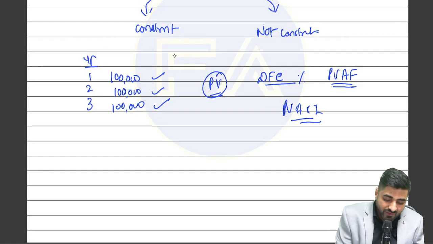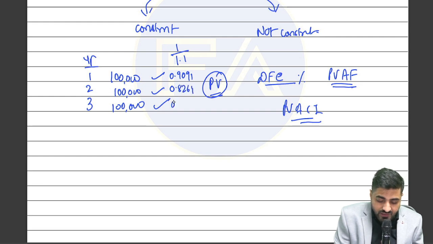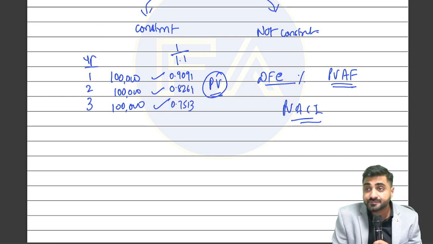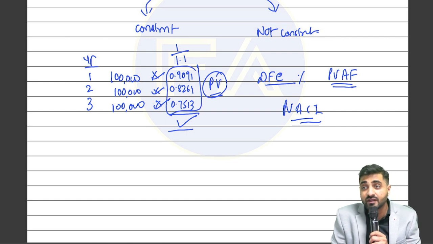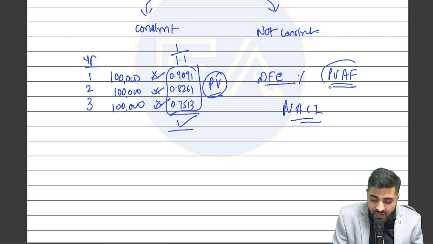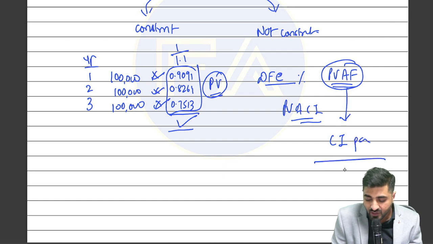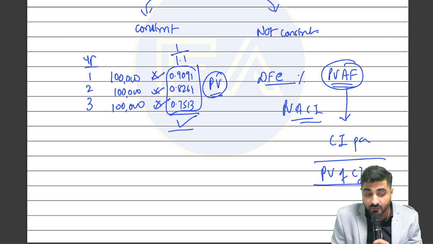So 1 divided by 1.1 will give you 0.9091, 0.8264, 0.7513. Now, one of the options is you take 1 lakh multiplied by each and everything. But whenever the cash inflows are constant, you simply take the total of these discounting factors, which are known as what, beta? Annuity factor. And if I take this present value annuity factor and multiply that by cash inflow per annum, will I be getting the PV of CI? Come on, yes or no?